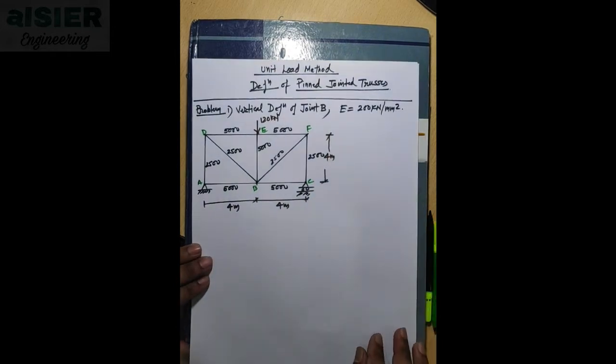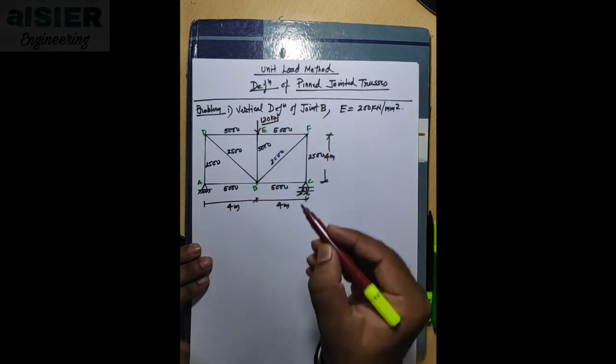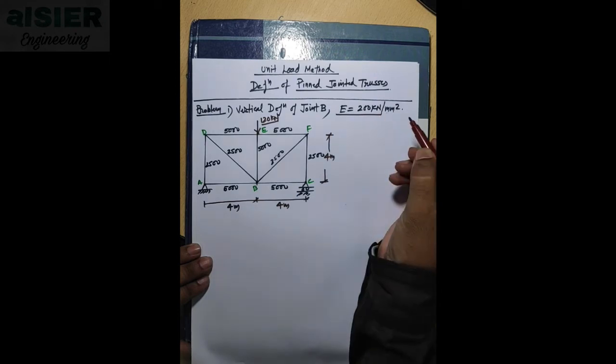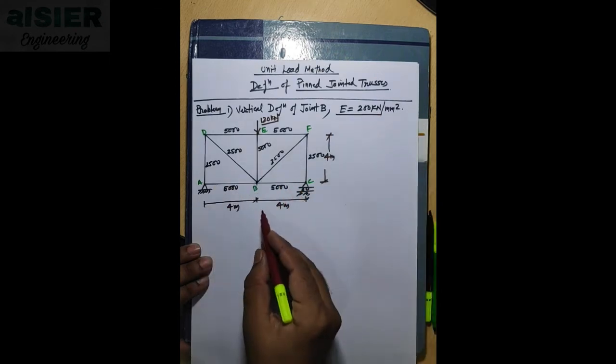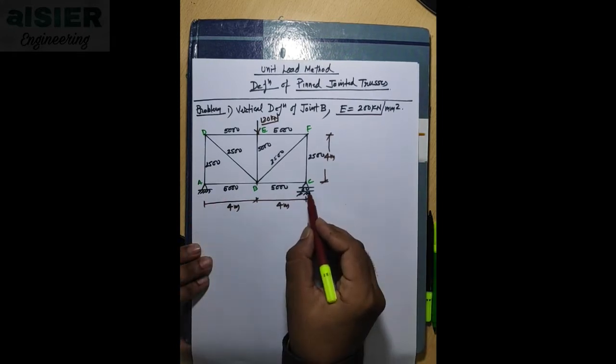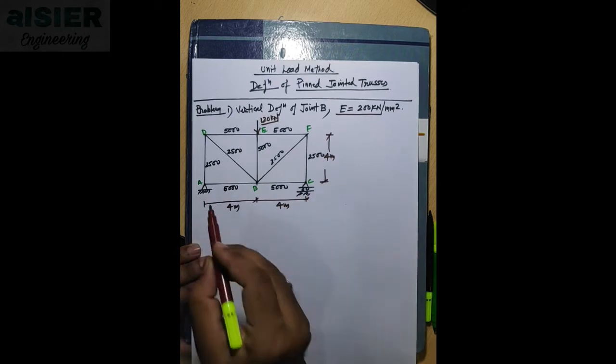Okay, so in the problem it is required to calculate the vertical deflection at joint B due to this 120 kilonewton load, and the modulus of elasticity of the material is given as 200 kilonewton per mm square, and this truss is rested on A and C. So there will be some reaction at A and C also.